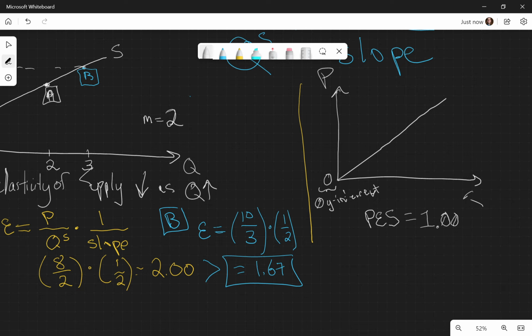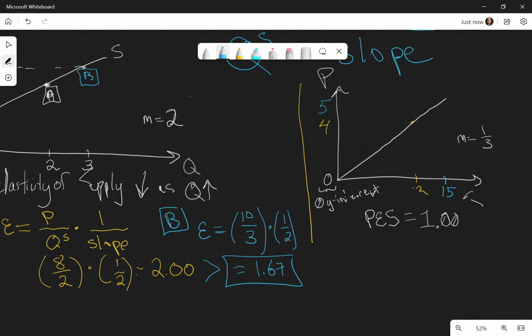So if we're told that the slope is 1/3, we're given a couple of points just like before. We're given a point A at 12, 4, and then a point B at 15, 5.